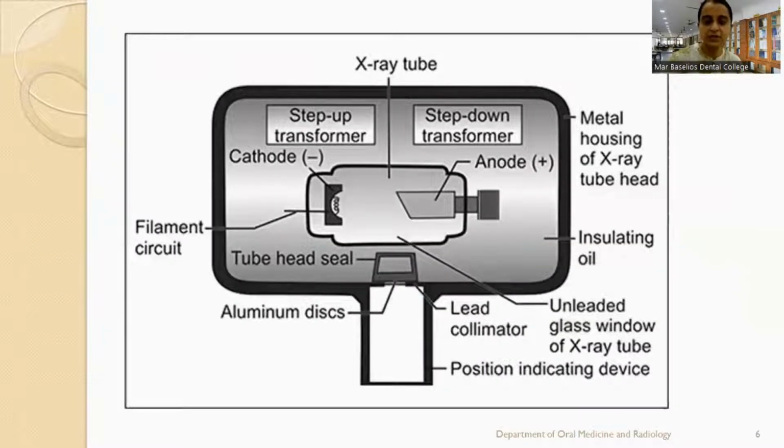Now this is the pictorial representation of the X-ray tube, wherein you have the anode, cathode, the glass envelope, the step-up transformer and the step-down transformer, the metal housing, the lead collimator, the aluminium disc which acts as the filter, and the position indicating device.